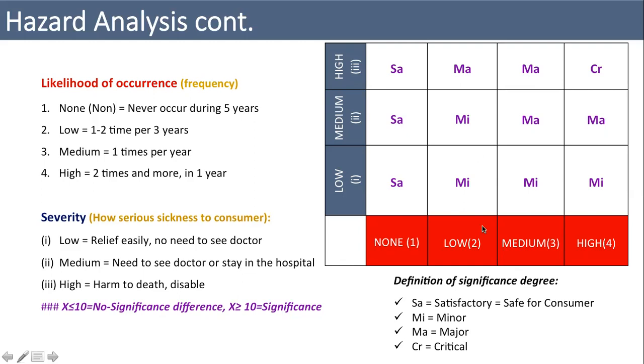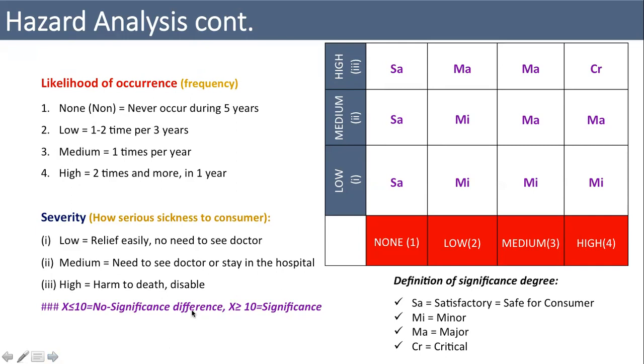Major and minor you can define according to the company, but according to the standards, you can determine the value as 10 or 8 or 15 based on your process. This is a standard method, and you can change these parameters based on your process. What I wanted to explain here is we use 4 criteria for frequency and 3 criteria for severity, then multiply frequency and severity together.